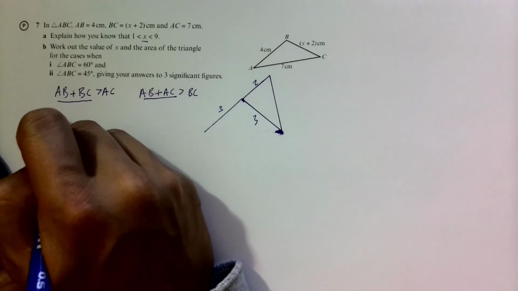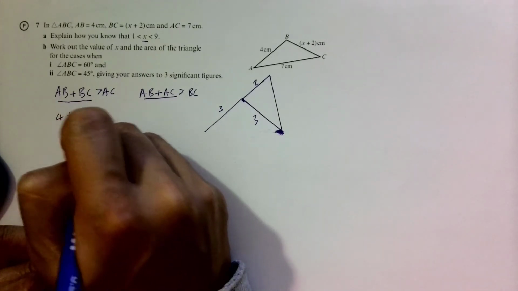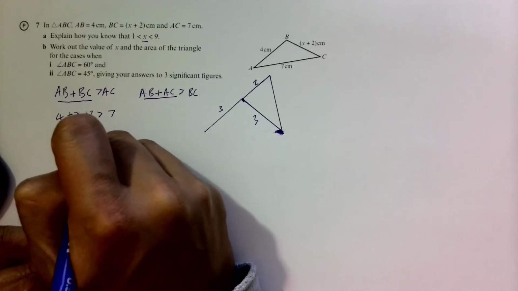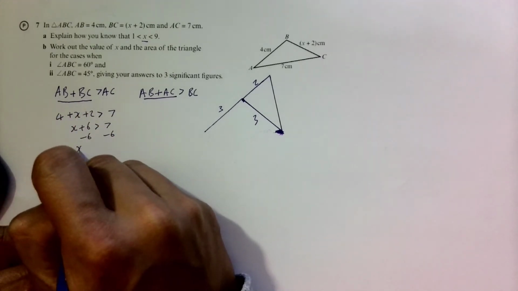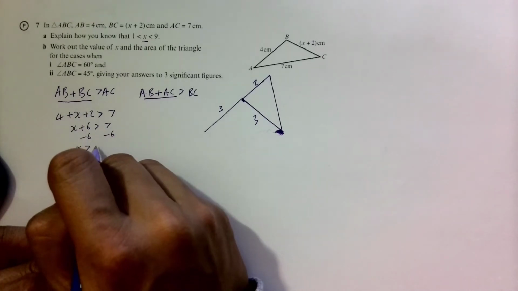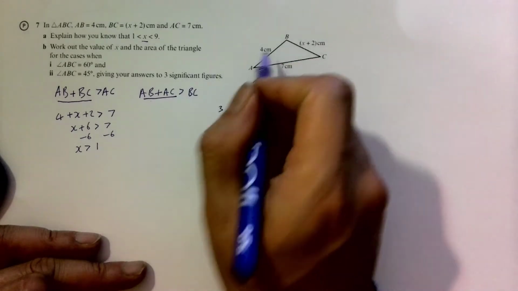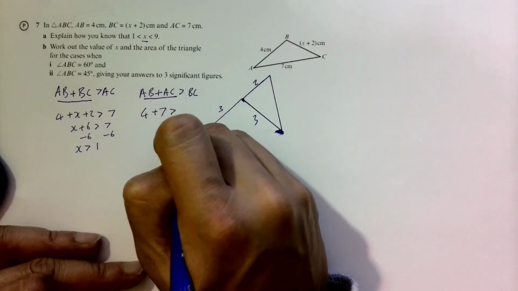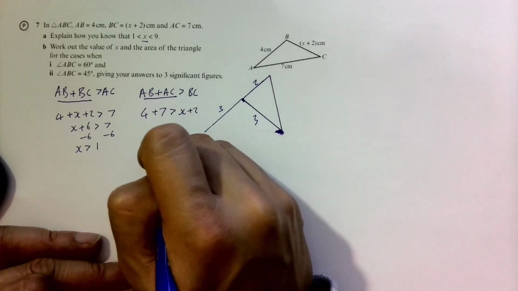So you get 4 plus x plus 2 has to be greater than 7. So if you rearrange that, you get x plus 6 is greater than 7, minus 6 on both sides, x is greater than 1. Now AB plus AC, so that's 4 plus 7, has to be greater than x plus 2, so we just rearrange that as well.